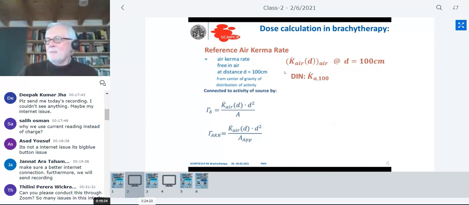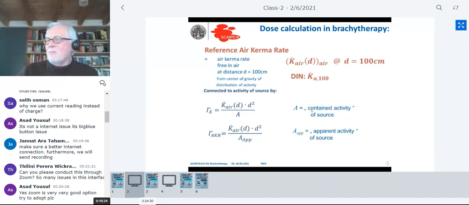This air kerma rate is connected to the activity of the source, either to the contained activity in this one down here, and what we actually need in calculation is the apparent activity, or the reference air kerma rate as it is given in this calculation down here, which does not contain the activity which is absorbed in the source itself.